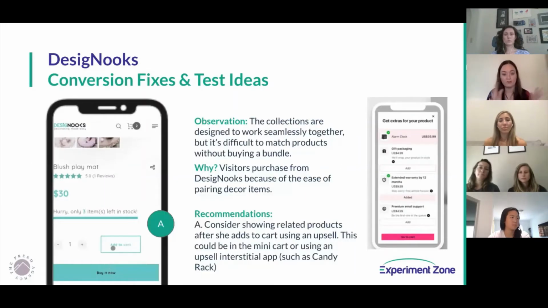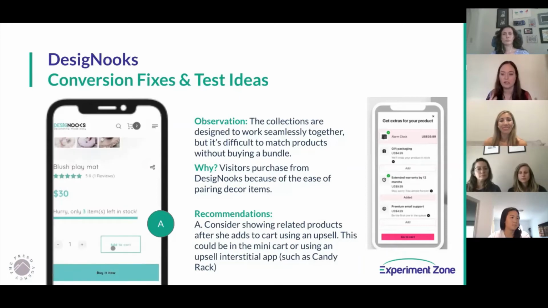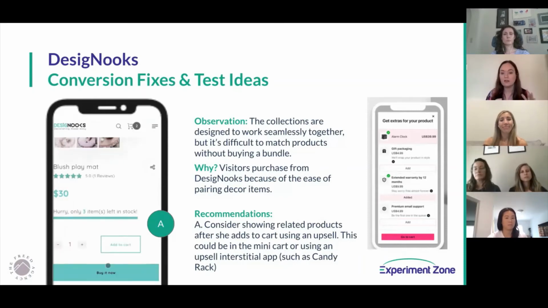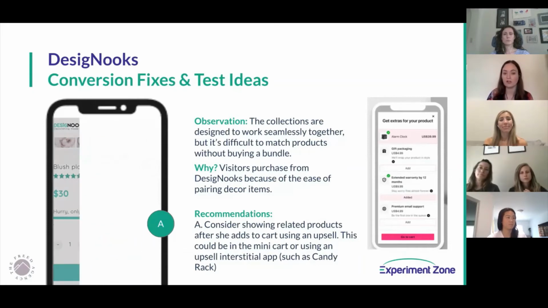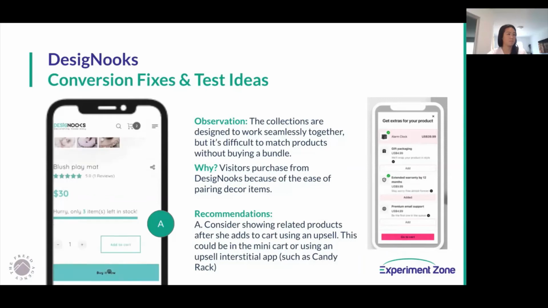And then moving further down the funnel, the collections are designed to work seamlessly together, and they do. But we want to make sure it's really easy for visitors to match products when they're not buying a bundle. Maybe there's a specific nook that someone has identified for their nursery, and then they have multiple friends purchasing for it.